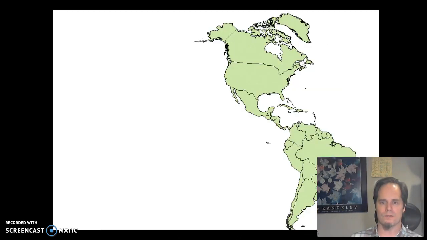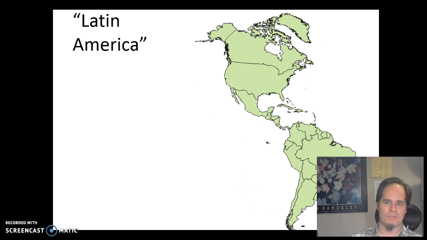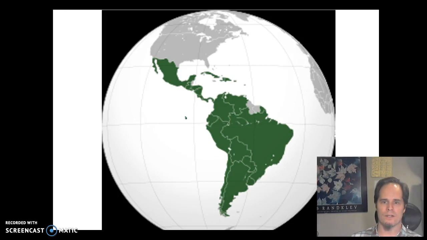Moving on, let's go to a smaller scale region yet. How would you define Latin America? Okay, all right, well, think that through. What do you think is meant by the phrase Latin America? Some people define this differently, but a common definition is every part of the Spanish-speaking world south of the United States border.